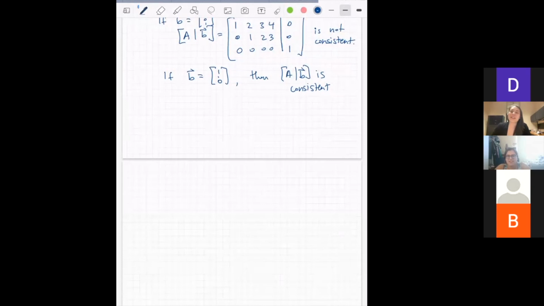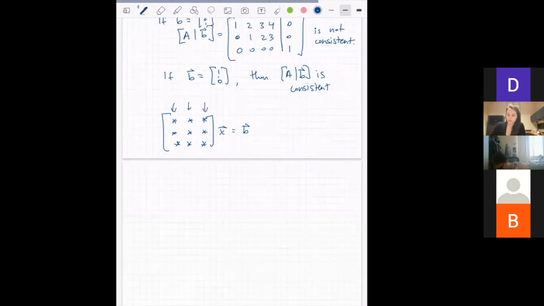Okay, so it's not possible to have none. It's possible to have only one solution. So if I have a matrix, a solution to this means that B is in the span of the columns.